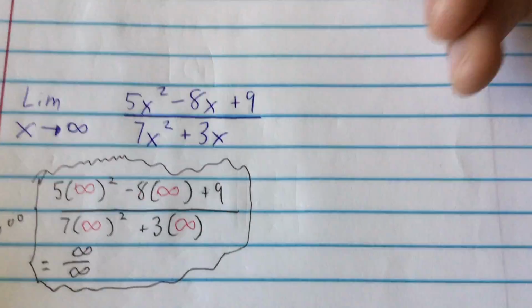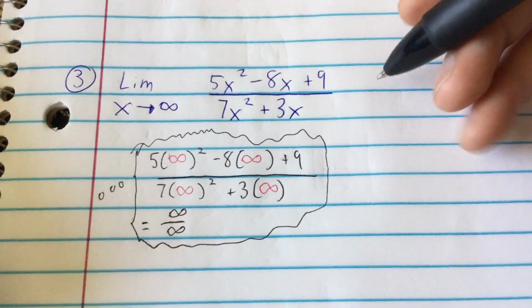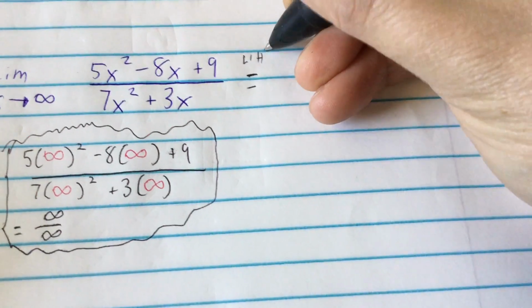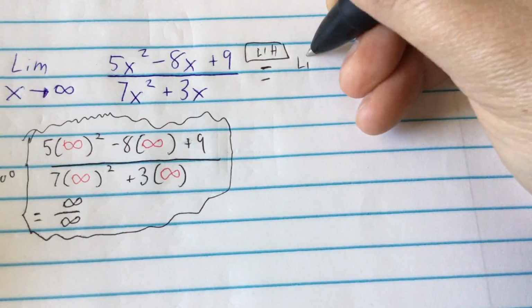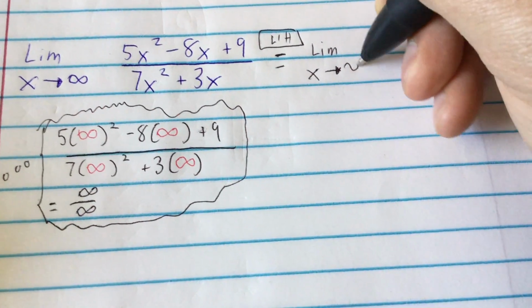So now, instead of multiplying by 1 over x squared and trying to make sense of all this, my good friend, the greatest cheat code in the history of calculus, L'Hopital. Oh, L'Hopital.